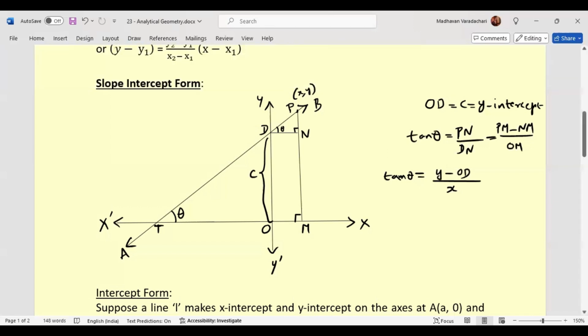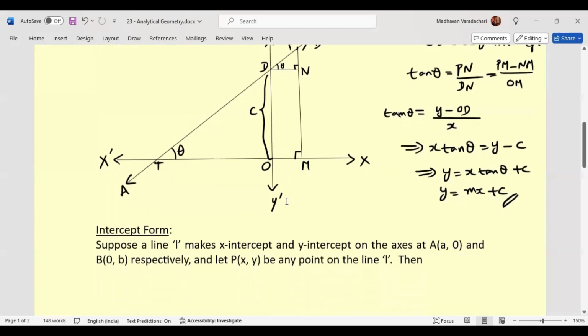So which means that x tan theta is equal to y minus OD. OD is nothing but c. That means y is x tan theta plus c. And we know tan theta is nothing but m, slope. So you can write y equals mx plus c. That is the slope intercept form.